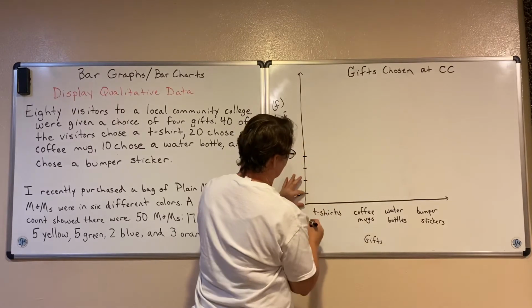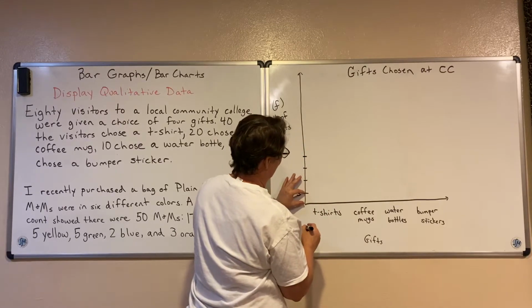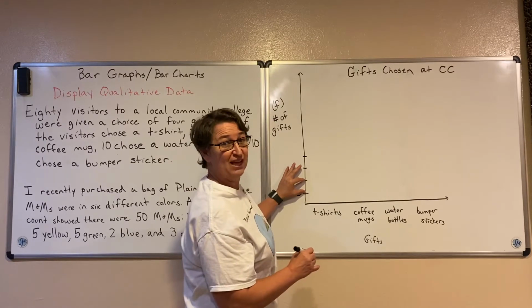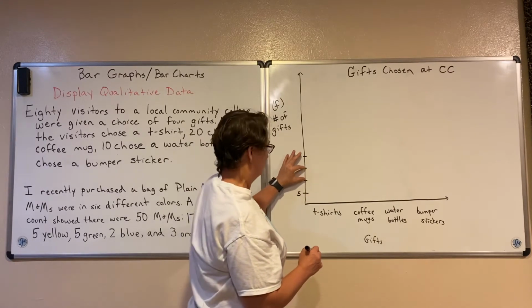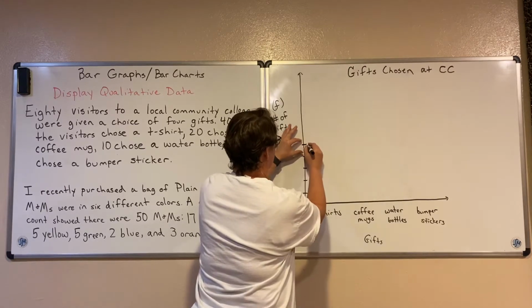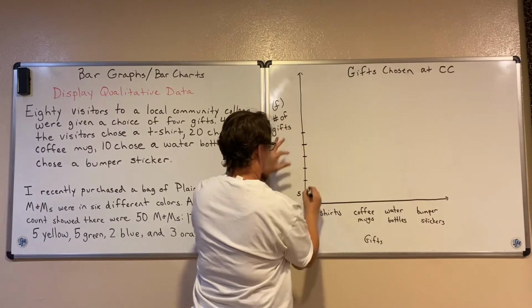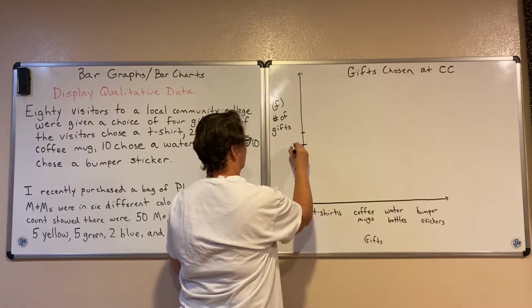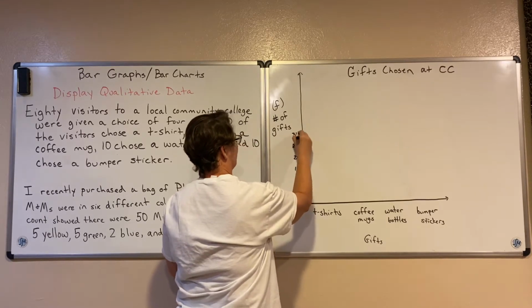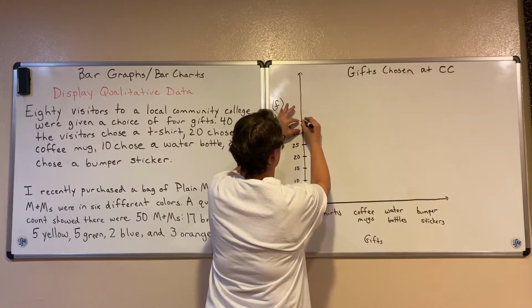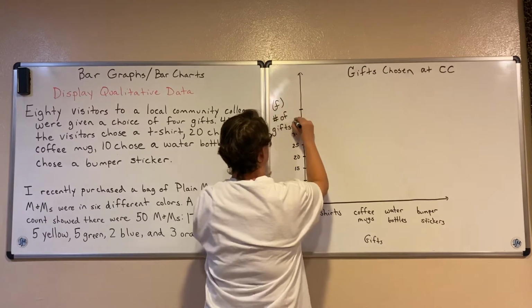If this distance is 5, the next one should still have that same distance, and the next one should have that same distance all the way up. So I'm just going to put the same distance on each one, 5, 10, 15, 20, 25, 30. I have a little bit further I need to go. 35, 40.